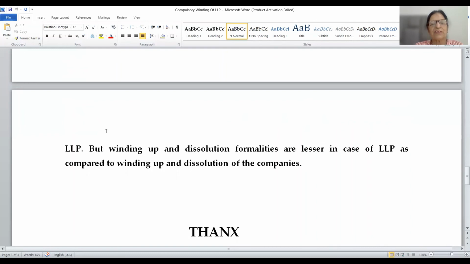The very first question is, which are the various steps involved in the voluntary liquidation process of LLP? And the second question is, describe the various provisions of IBC 2016 relating to the revival and liquidation of LLP.